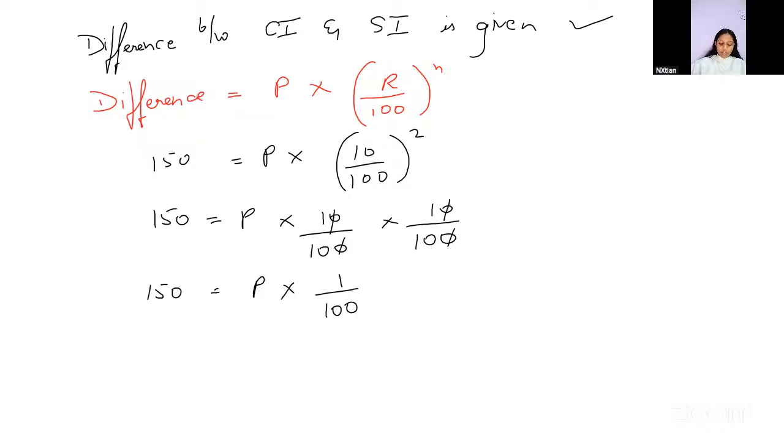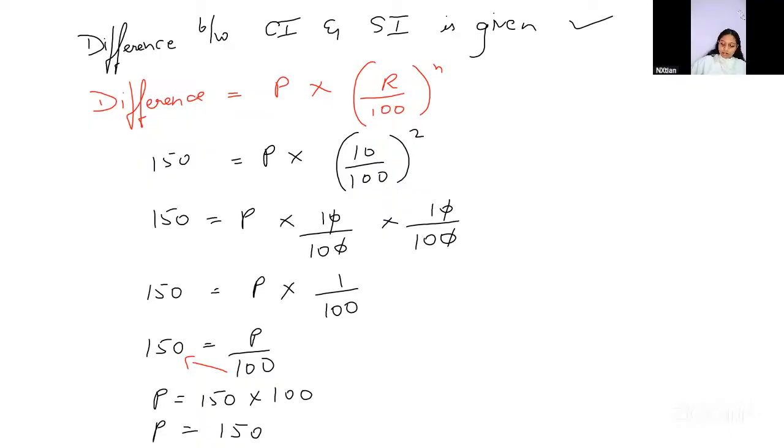Basically P upon 100. Now we will do cross multiplication here. So it becomes 1,500 is equal to P. P becomes 15,000.